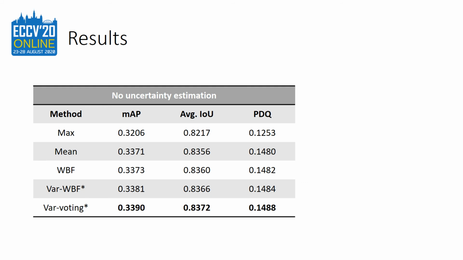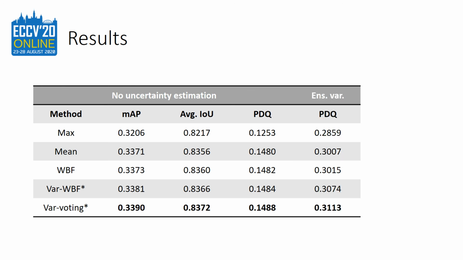What we see is that, although variance voting performs slightly better, all the results are quite similar. The max method is the worst, which may be related to the results shown in the last slide, but it doesn't hold true for the averaging methods, where the weighted box fusion and the variance modification perform virtually the same.